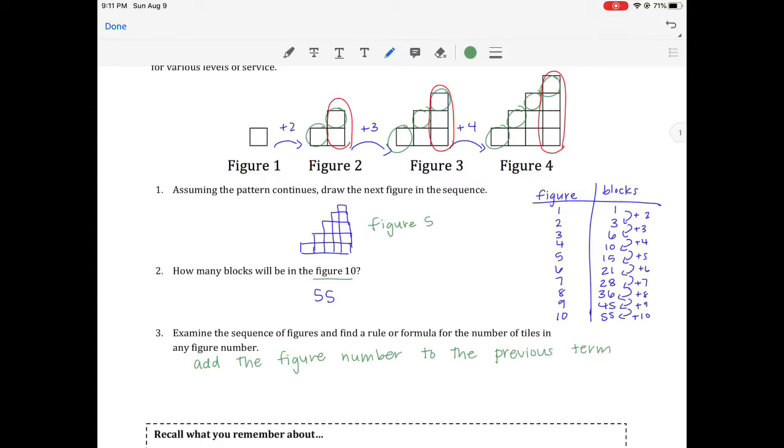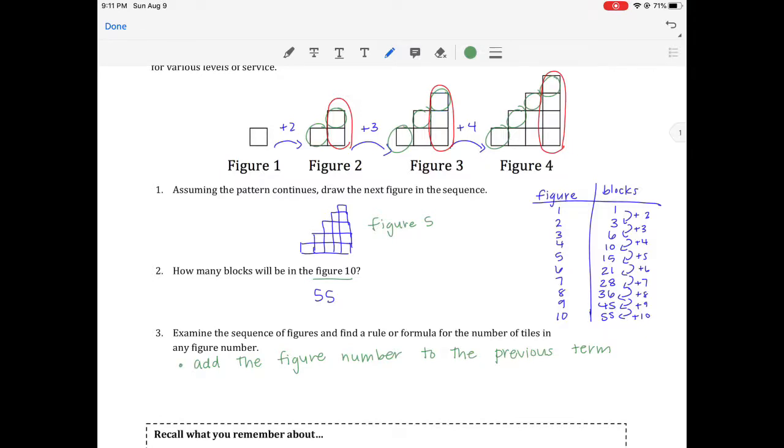So for example, to get to figure 2, we're adding 2 to what figure 1 had, which is 1 term. To get figure 3, we're adding 3 plus the 3 that figure 2 had. To get to figure 4, we're adding 4 plus however many blocks figure 3 had. So that's one way to think about it just in words.